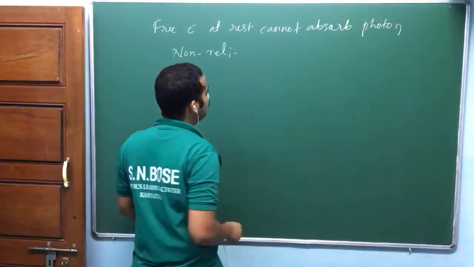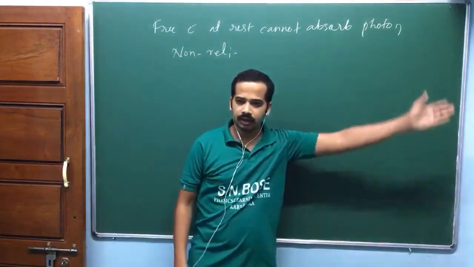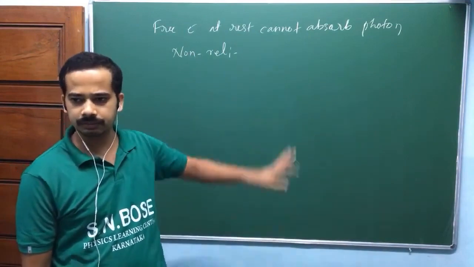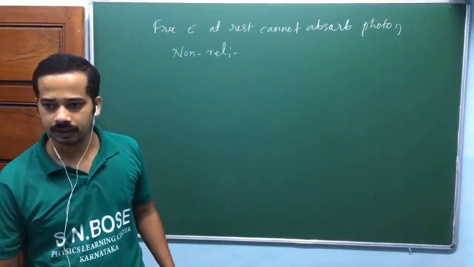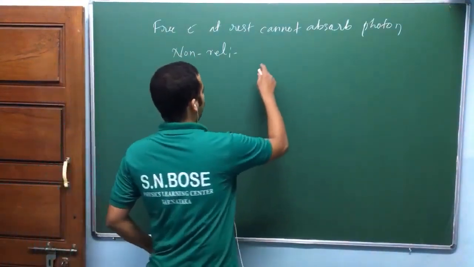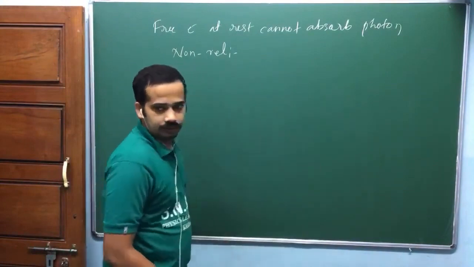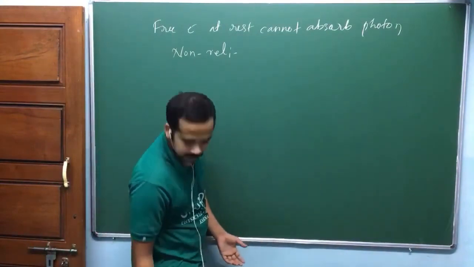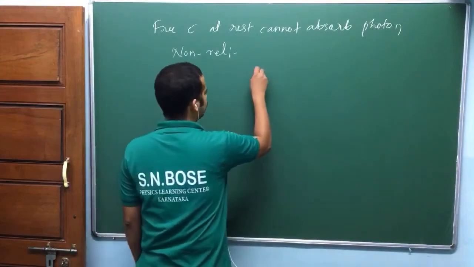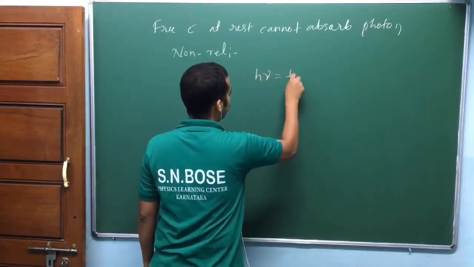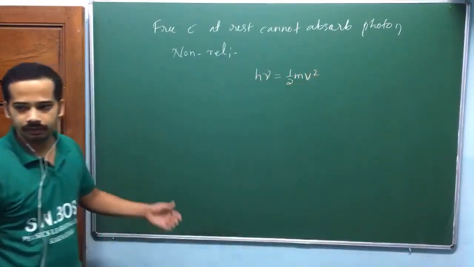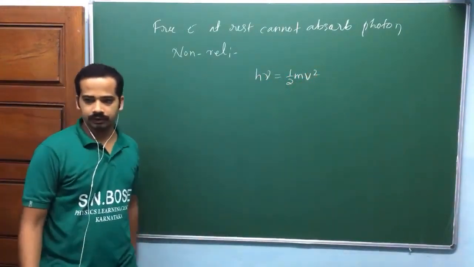Non-relativistic. Look here. Free electron means it can be a moving electron also, but in the simplest case I am taking the electron at rest. Suppose the electron is absorbing a photon of energy h nu. Then h nu should be equal to half m v square, the non-relativistic kinetic energy, because of conservation of energy.